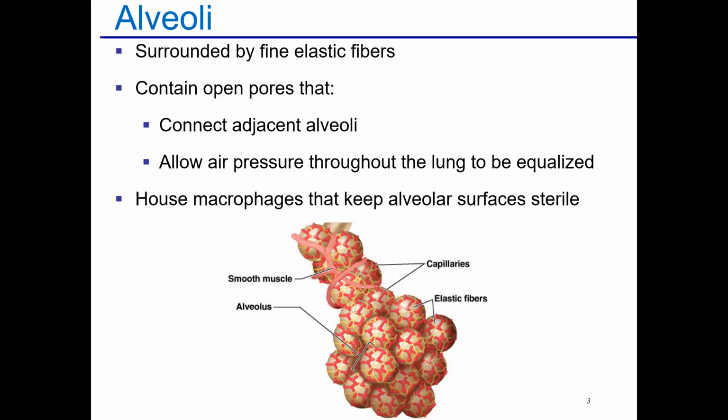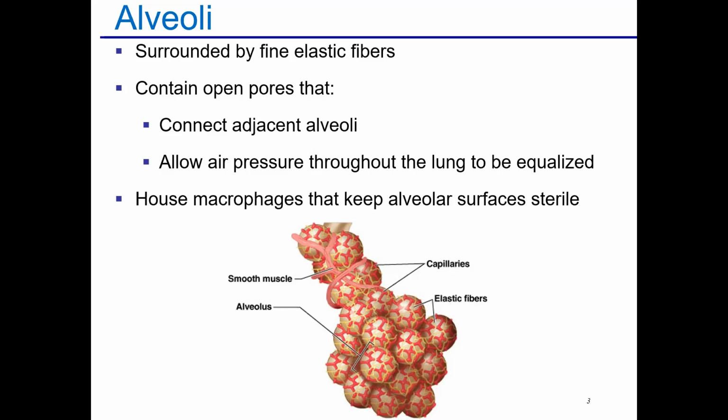We keep the inside lining of the alveolar surface sterile with surfactant to keep us from sticking together. We have macrophages that kill everything in sight that might be a pathogen. So we're breathing sterile air. And the alveoli actually expand and contract as air goes into them and comes back out.